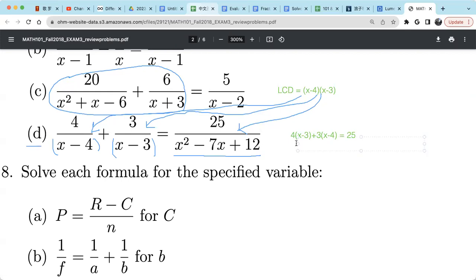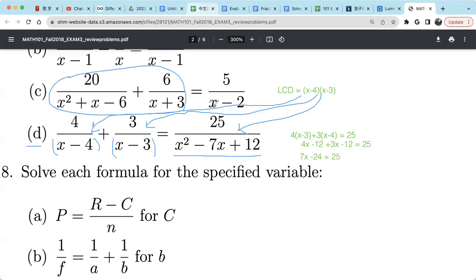Let's simplify this. So I have 4x minus 12 plus 3x minus 12 equals 25, as I distribute 4 and distribute 3. Combine like terms: 4x plus 3x gives me 7x, minus 12 minus 12 is minus 24, equals 25.